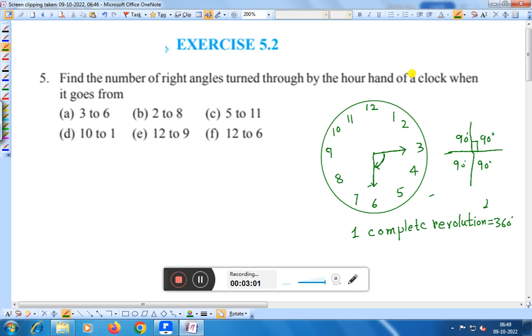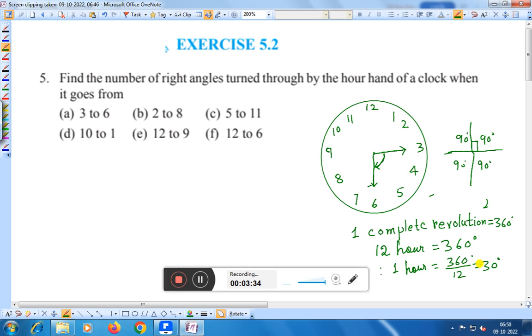Here you see that is 12 hours. Therefore we can say that 12 hour is equal to 360 degree. Therefore 1 hour is equal to 360 degree by 12, that is 30.